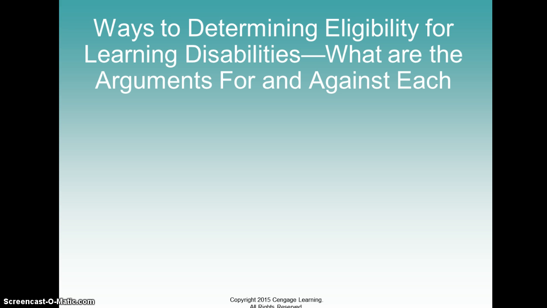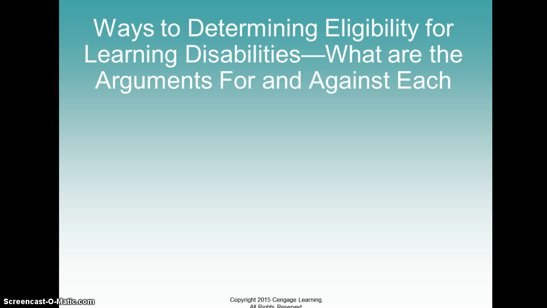One of the big questions we have in special education is how we determine eligibility for services under certain disability categories. In the field of learning disabilities, which of course this class is, this is especially problematic because by definition what we're saying is that a child with a learning disability has average or above average IQ but has discrepancies in their achievement.